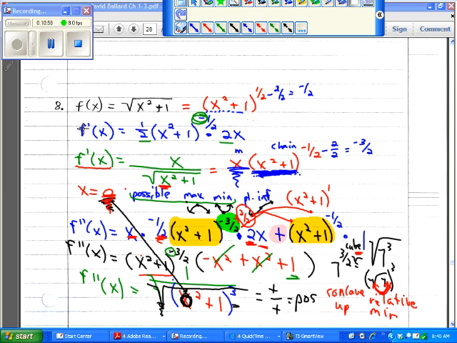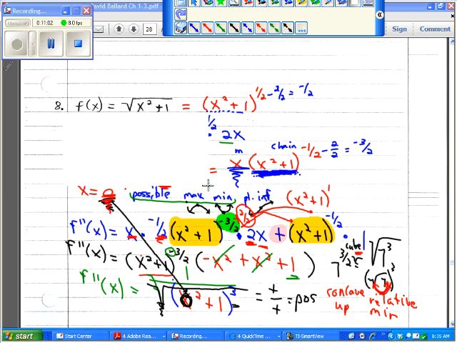Now, for us to find out what that something is, we need to go back into the original function. We want to find the function value at that critical number 0. So we're going to have 0 squared plus 1, which is equal to the square root of 1, which is 1. And so at the point 0, 1, on the graph of the original function, we know that there is a relative minimum.